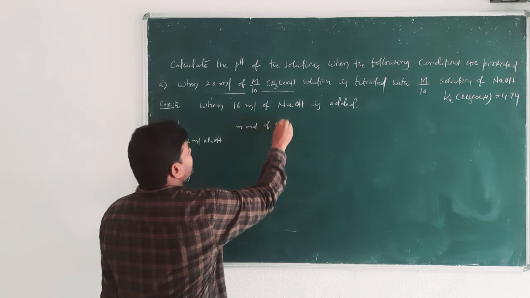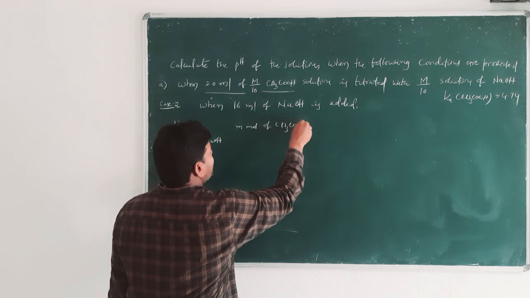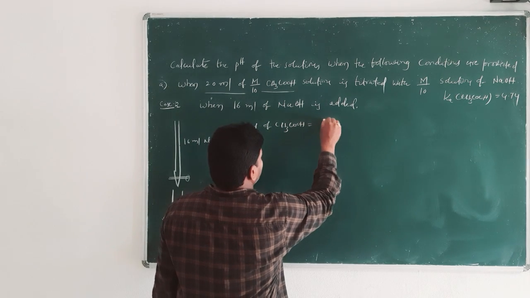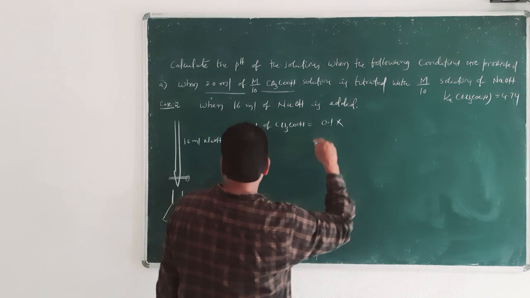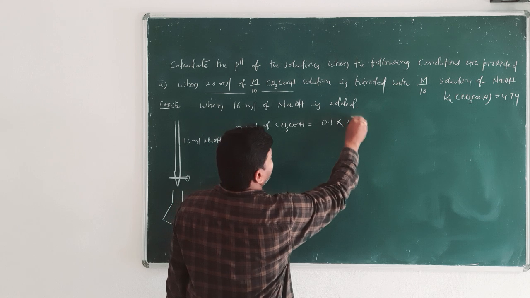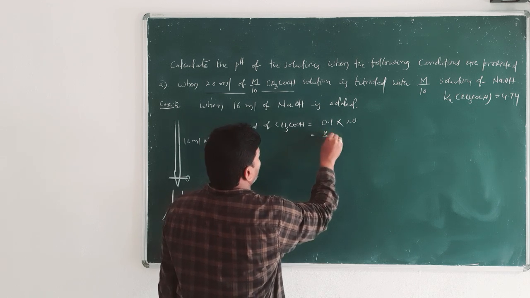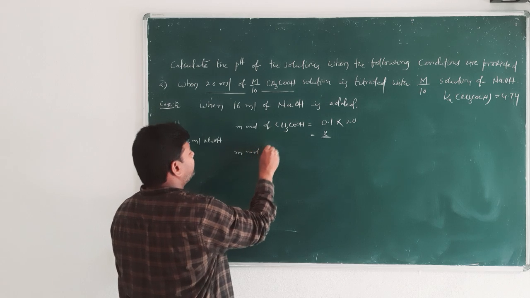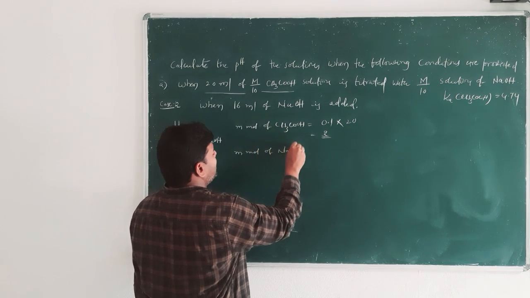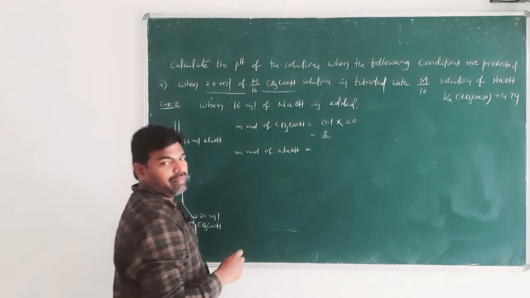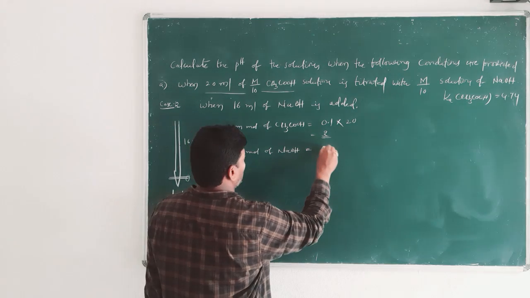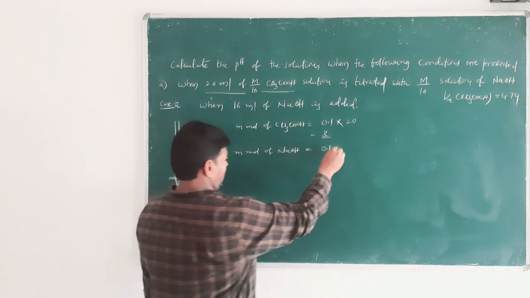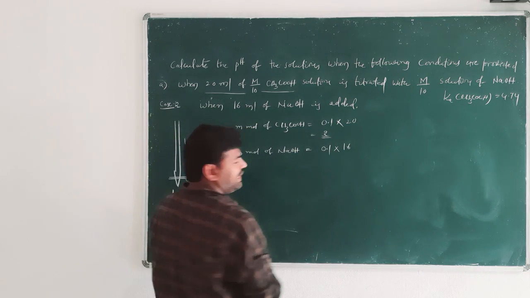We can calculate the millimoles of acetic acid by multiplying the concentration, that is 0.1, into its volume in ml, that is 20, so it is 2. And millimoles of NaOH can be calculated by multiplying its molarity into volume in ml.